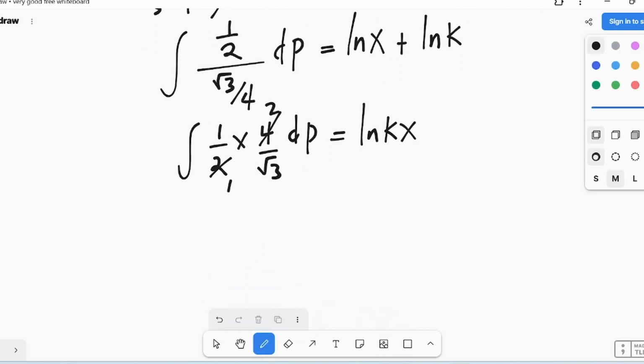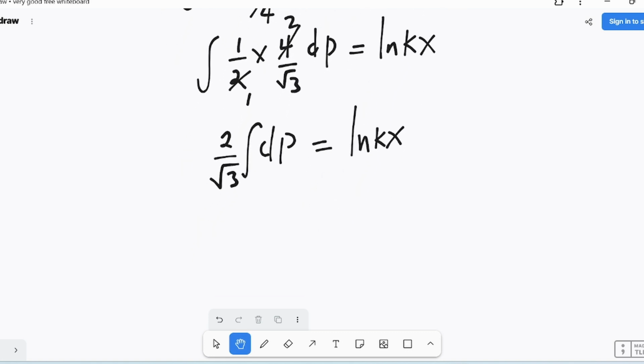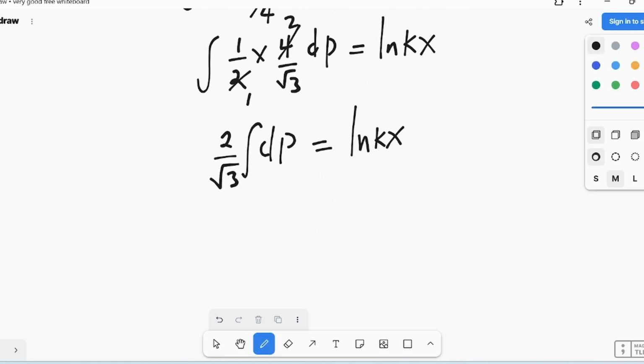So this remains as 2 out of root 3 integral of dp is actually equal to ln kx. Now going further, so this is the same as 2 out of root 3 p is equal to ln kx.